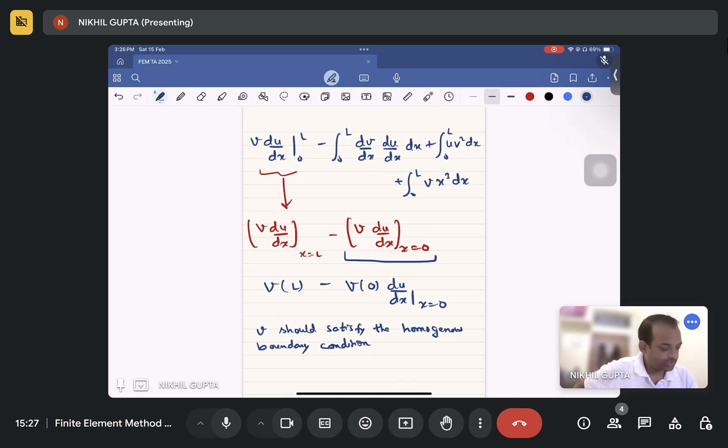So since u(0) is 0 at x is equal to 0 is the boundary condition, the homogeneous boundary condition will be v(0) equals 0 at x is equal to 0. So this term will cancel out due to v being equal to 0.